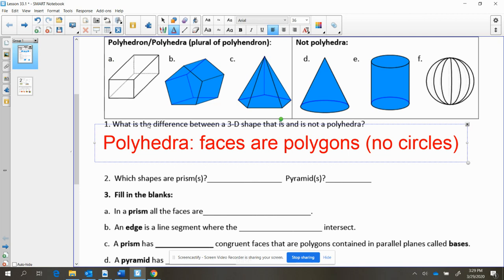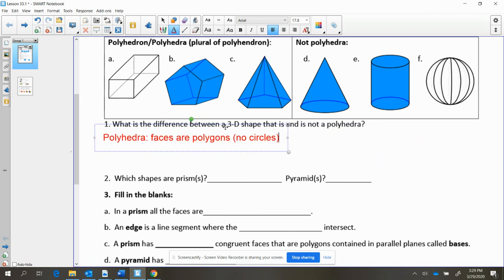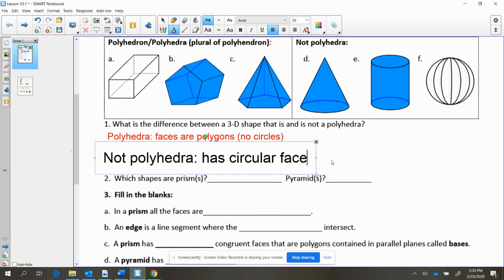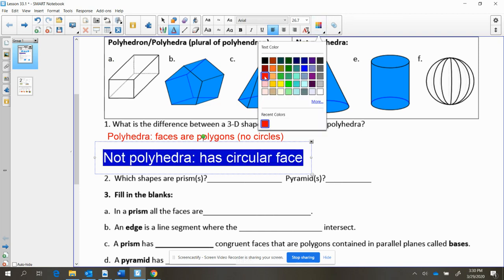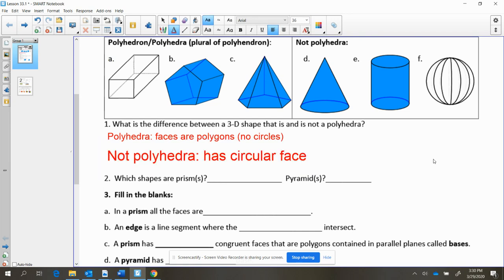There are no circles involved on the left-hand side, right, with examples A, B, and C. On the other hand, however, in the not polyhedra, what you may have noticed is that these do in fact have a circular face. So notice in the faces there, right, in D and E especially, you can see those are going to be circular faces. So instead of polygons, they are circular.